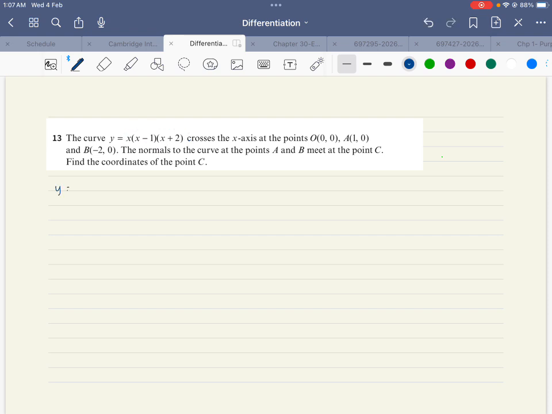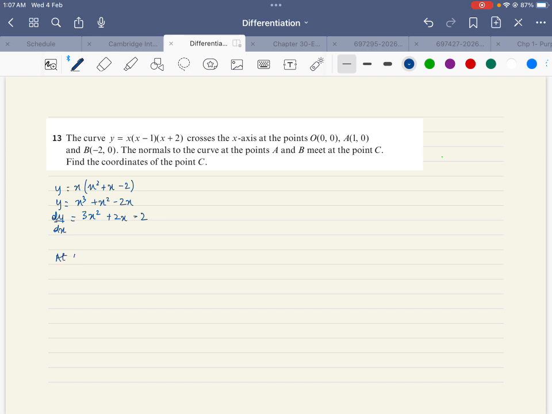So y equals x into x square plus 2x minus x minus 2. Bring this x inside: x cube plus x square minus 2x. Now we find dy by dx of this curve: 3x square plus 2x minus 2.